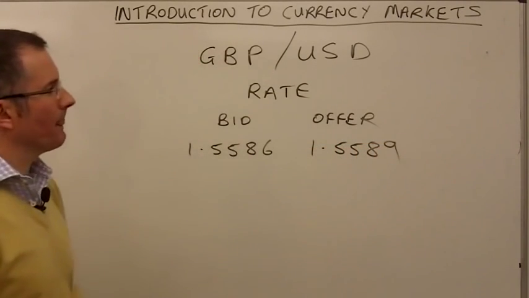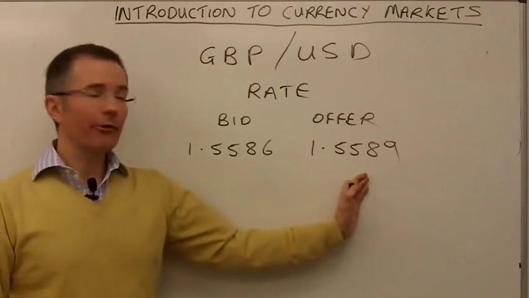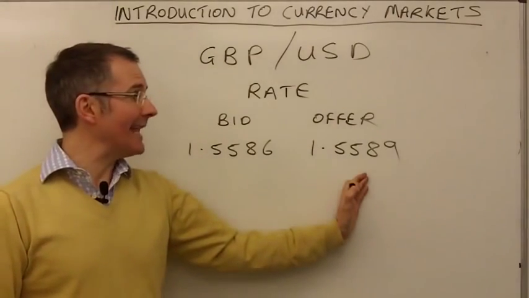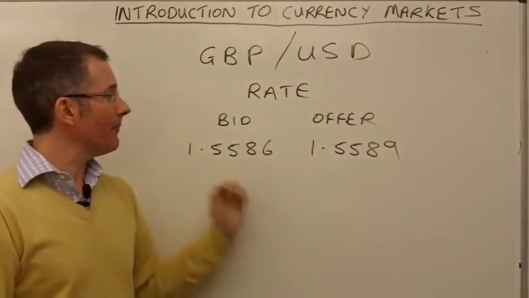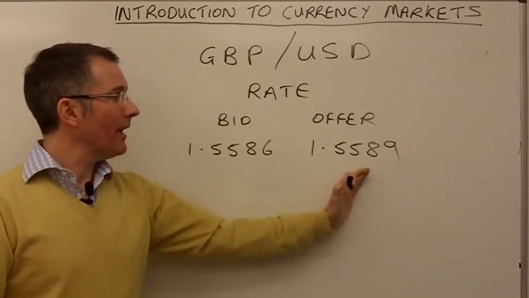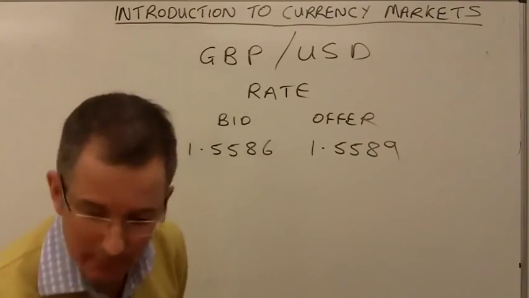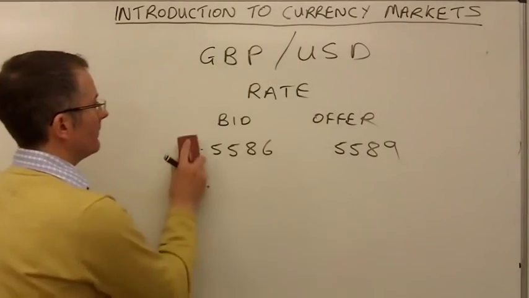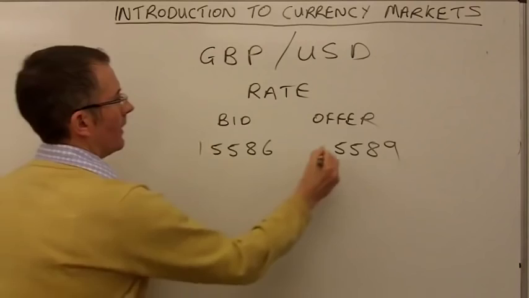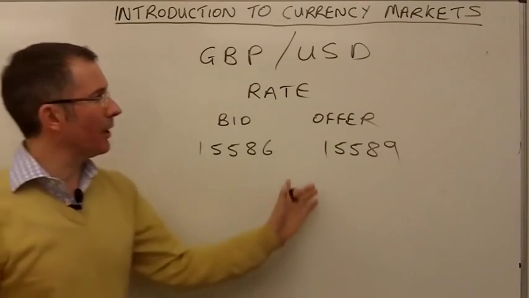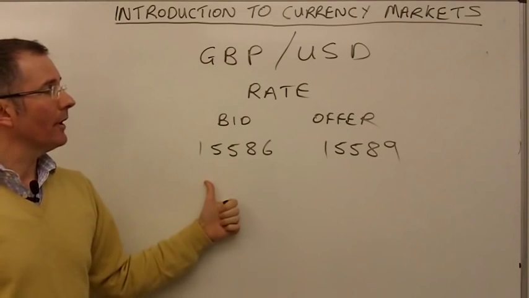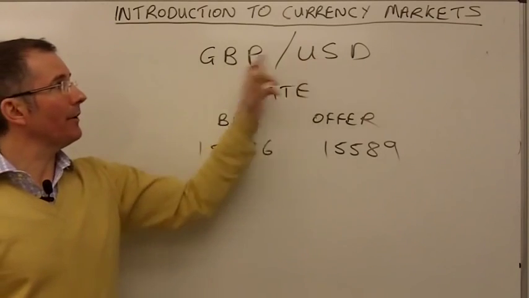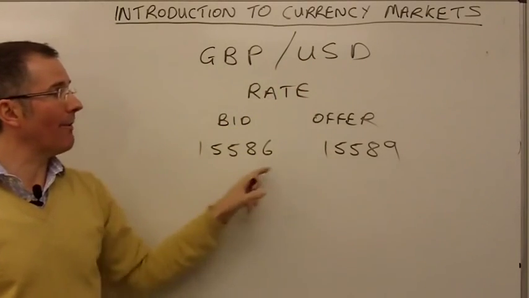15589. Now, on a screen, it won't necessarily say that this is a dollar rate. It may just appear like that. It may even appear like that. But everybody knows that this is a currency quote. Once you know that you're dealing with this pair, you know that these are dollar amounts.